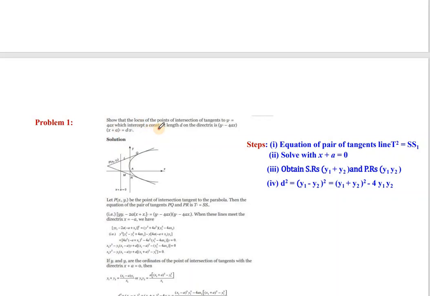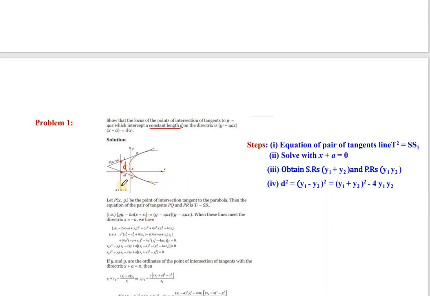So here the given condition is that this one makes an intercept of constant length d. So that means, this is the directrix, and this is the intercept this one makes. So once we have this point and this point, using the distance formula, equating that to d, and dropping the suffix by eliminating the unknown quantities and then dropping the suffix, we will get the locus.